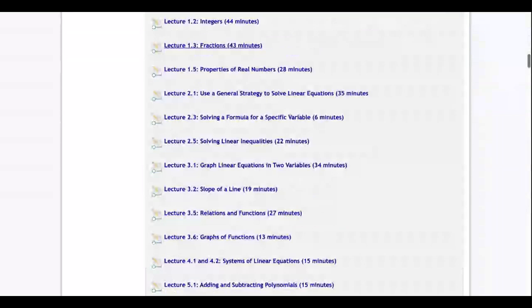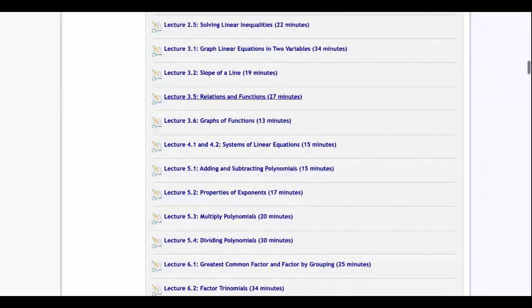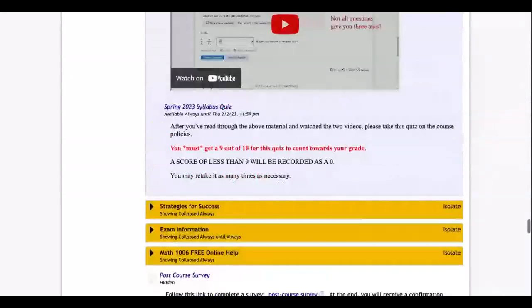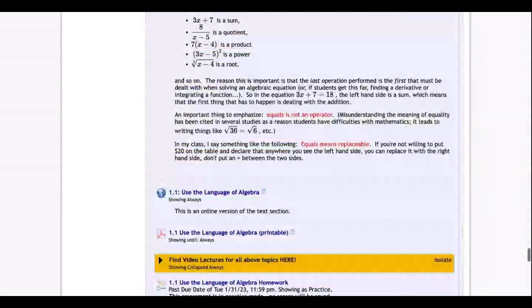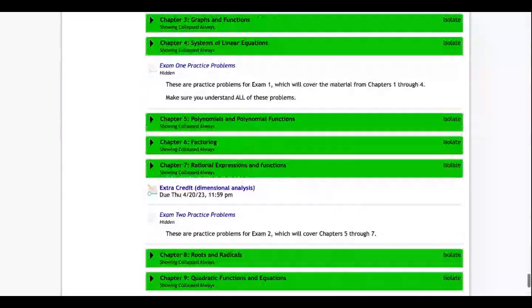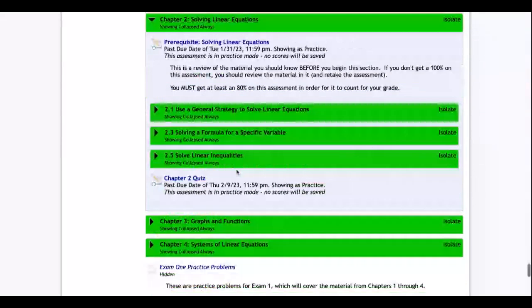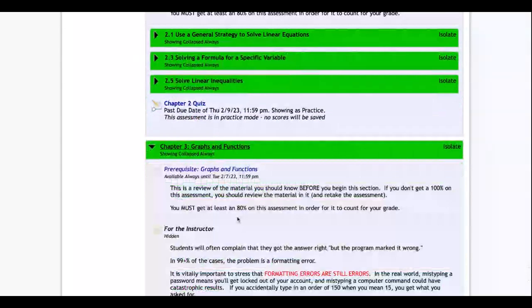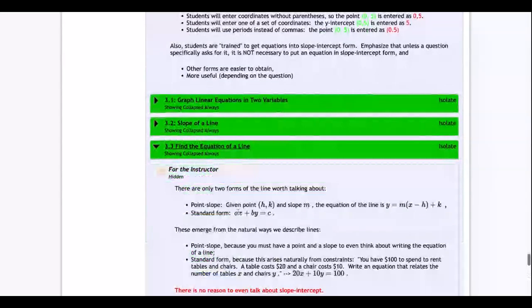Let's see. 3.3. Solving equations. 3.2, 3.3.